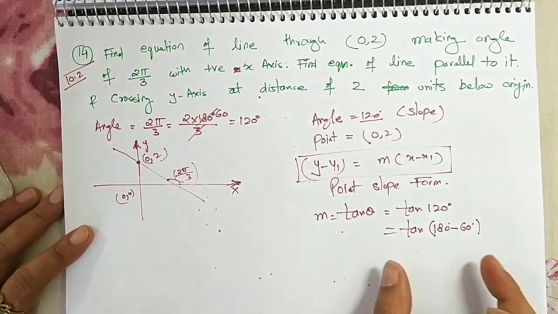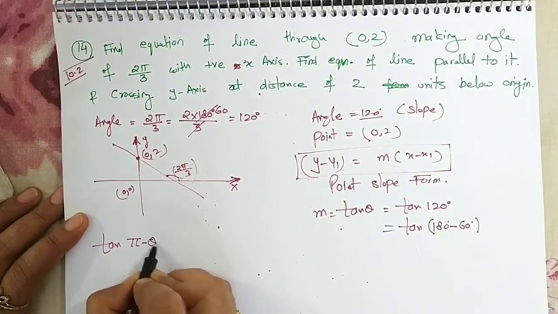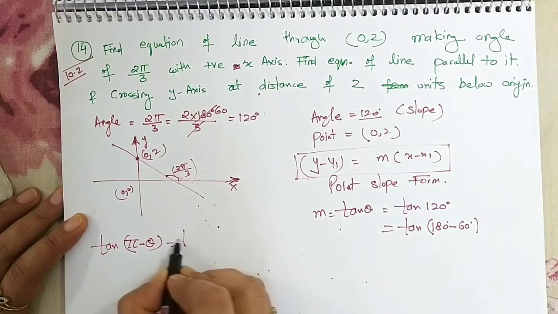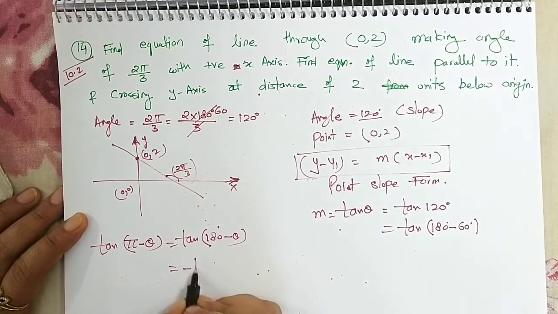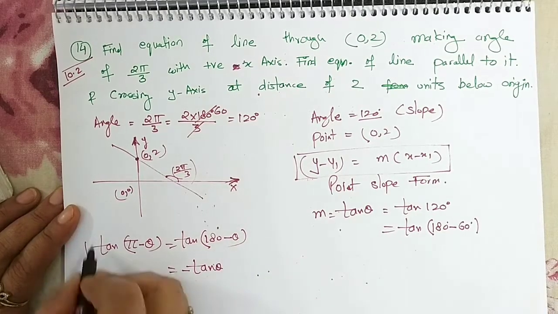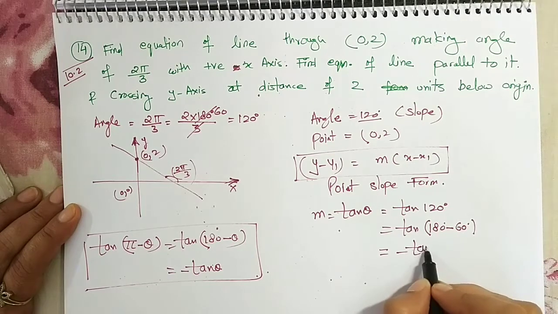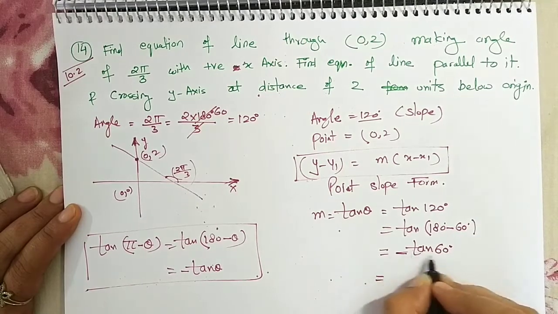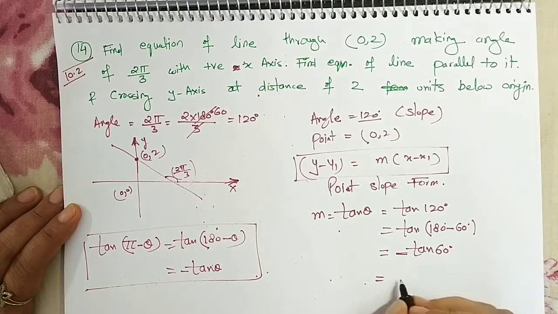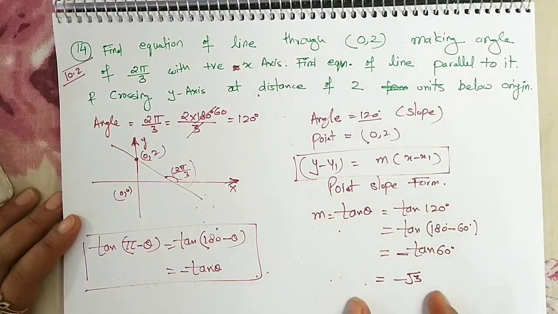We know from our trigonometric knowledge that tan of pi minus theta, which is the same as tan of 180 minus theta, is given as minus tan theta. Please remember this formula. So I will use it here, minus tan 60. What is tan 60? Root 3, so minus root 3. So I got the slope, guys.